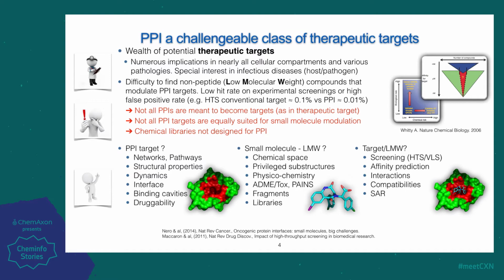And the second main reason for these difficulties in targeting PPIs with small molecule drugs is the nature of the chemical libraries that have been historically used on those systems. So clearly there is an aspect concerning the PPI target, its selection, its location and the biological networks, its structure, its dynamics, the presence or not of druggable binding cavities within it.